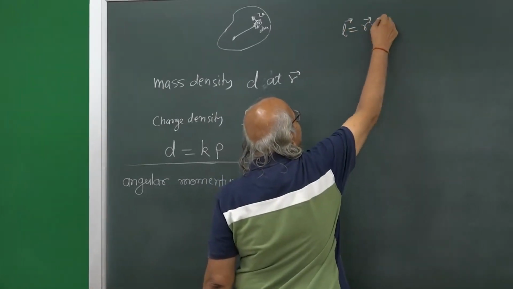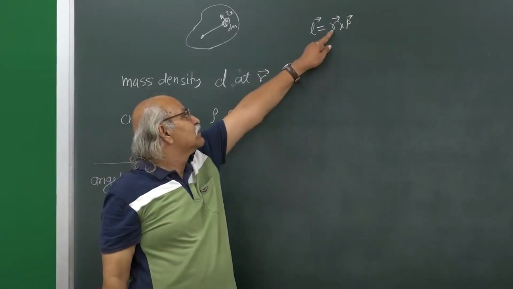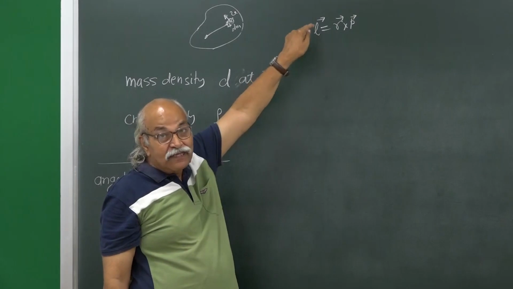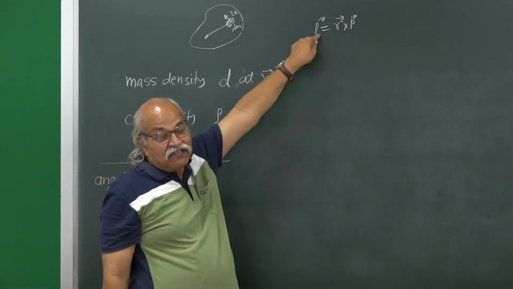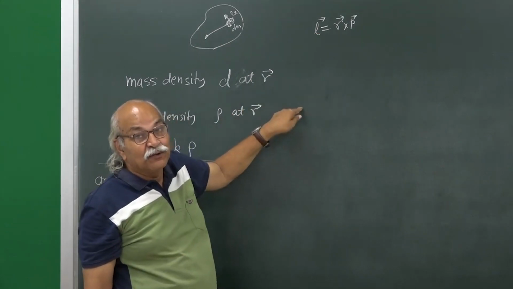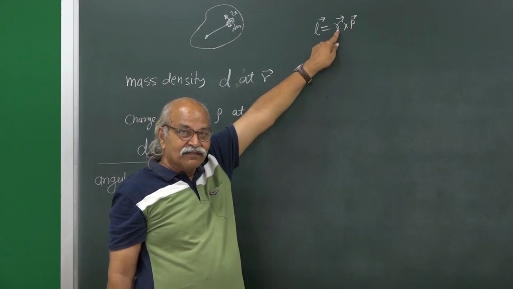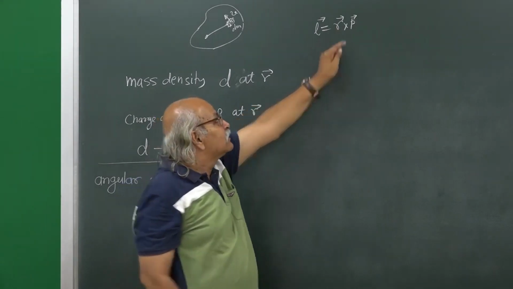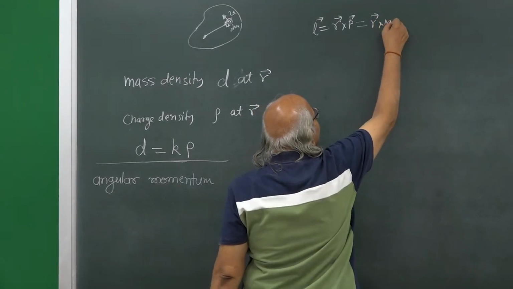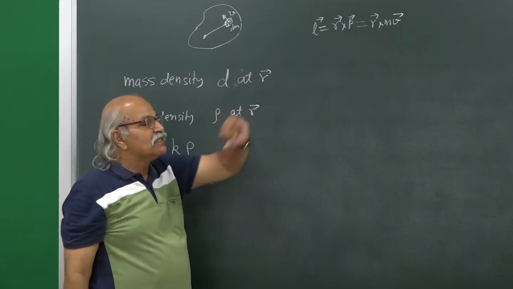This is the basic definition for a point at this r. That means angular momentum is also defined about a point which we call origin. So from origin, where is that particle? So that is r vector, and this is your mass times velocity vector, linear momentum. That is how the angular momentum is defined.